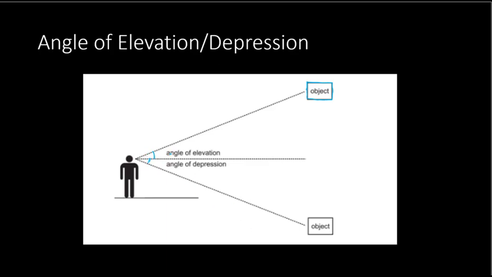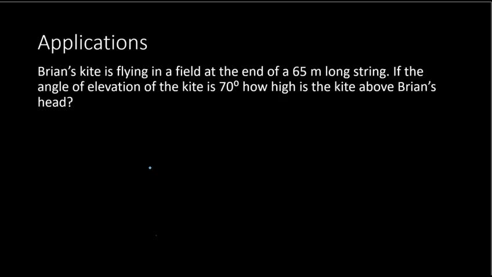So make sure you know the angle of elevation and angle of depression and how to interpret that into a picture if needed. Because here we're going to look at an application where Brian's kite is flying in a field at the end of a 65-meter long string. If the angle of elevation of the kite is 70 degrees, how high is the kite above Brian's head?